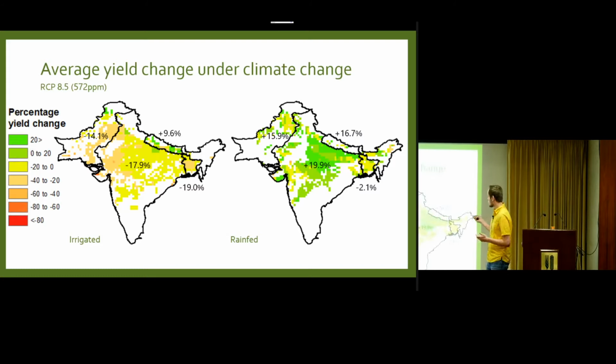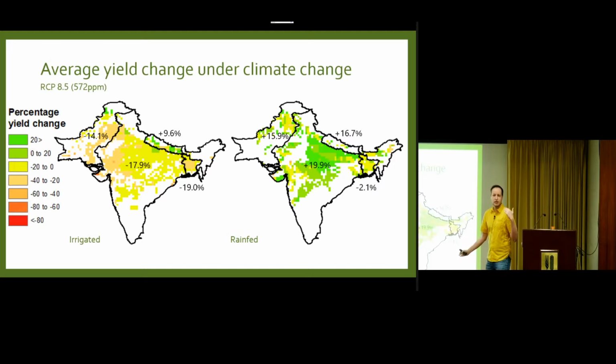And then for rain-fed production, the yields seem to increase. It looks really nice, almost a 20% increase in India and a slight decrease in Bangladesh. So you might wonder, okay, we don't need this irrigated production anymore, we can just rely on rain-fed production. But you have to remember, rain-fed production is only a small area right now, and the yields are still very low.